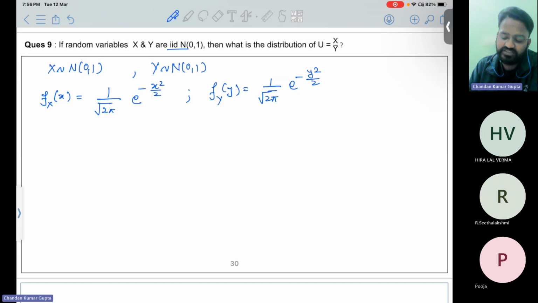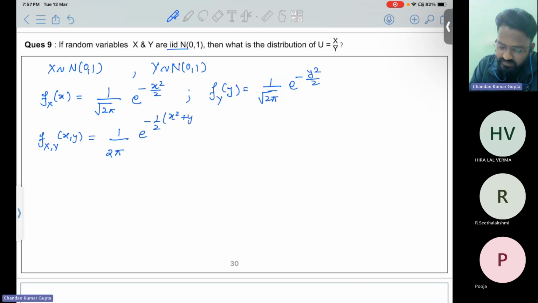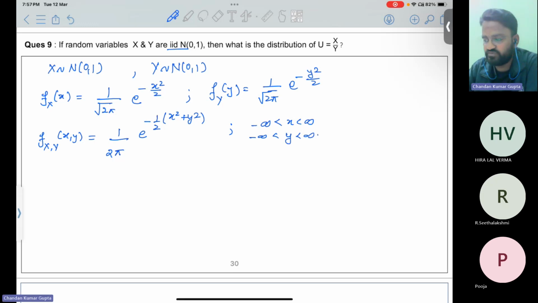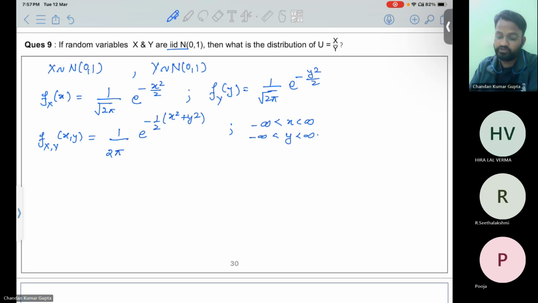It is given they are IID, that means independent and identically distributed. That means we have the joint PDF, which is equal to 1 upon 2 pi e to the power minus 1 by 2 (x square plus y square), for x and y belonging to minus infinity to infinity. So this is our joint PDF.